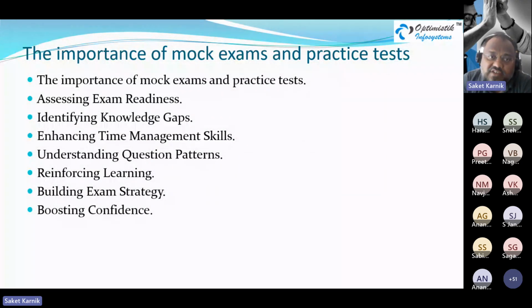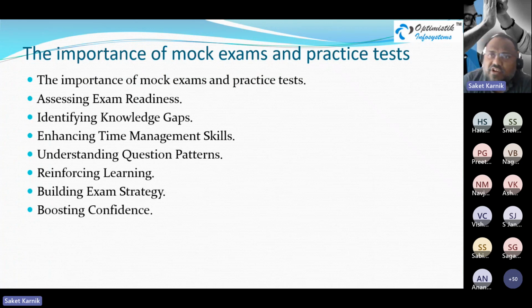It may not be the same questions, but you can understand the patterns so that your mindset can be developed to understand those questions quickly without wasting too much time. What to read, where to read. You need not read the entire question. Then reinforce your learning for the gaps. Build an exam strategy of your own.